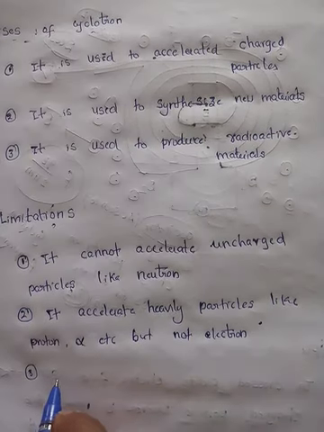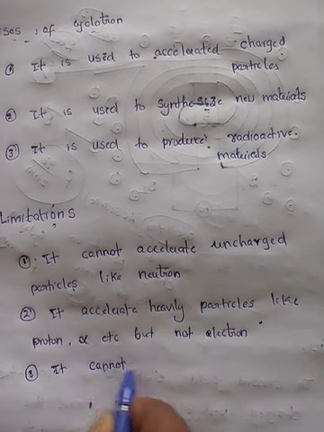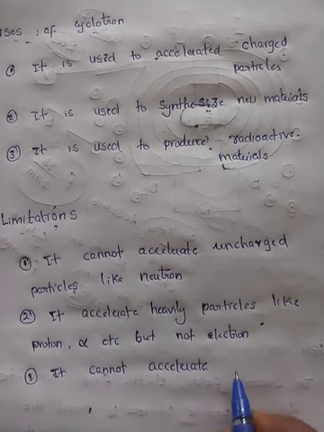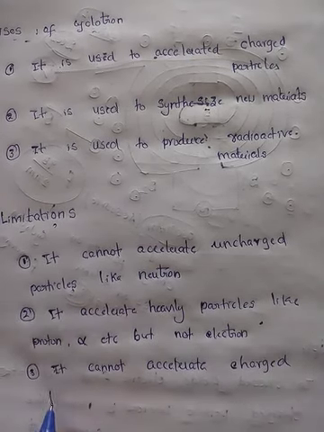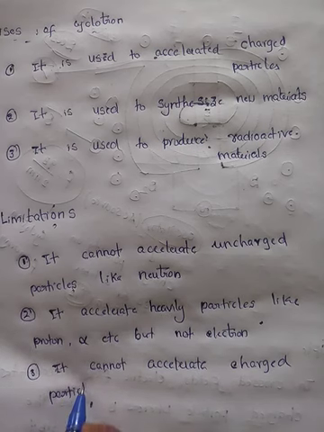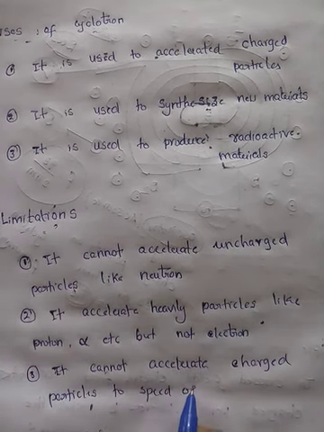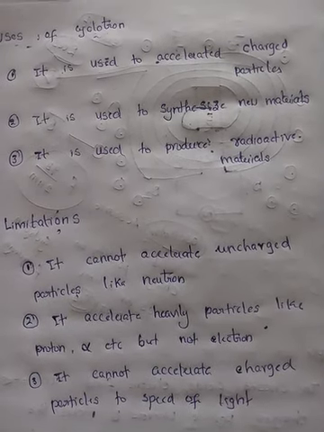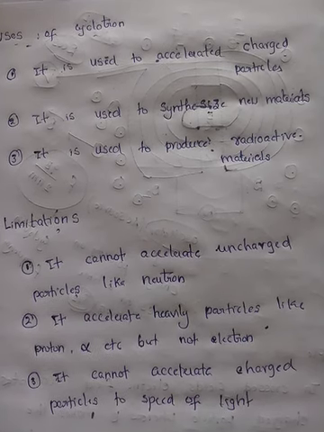And the last one is, it cannot accelerate charged particles to the speed of light. Okay, so these are the important things for the uses and limitations of the cyclotron.